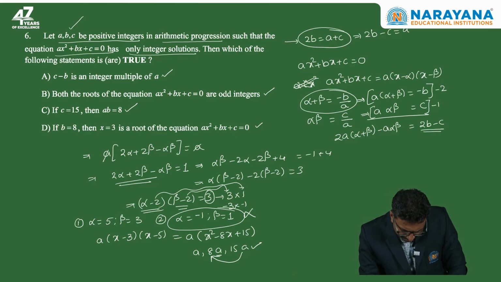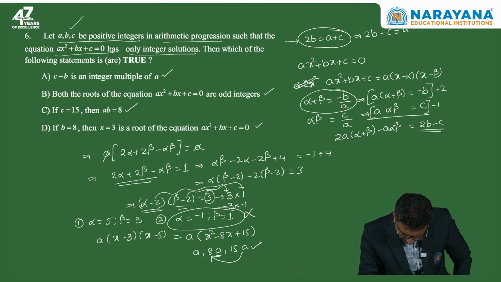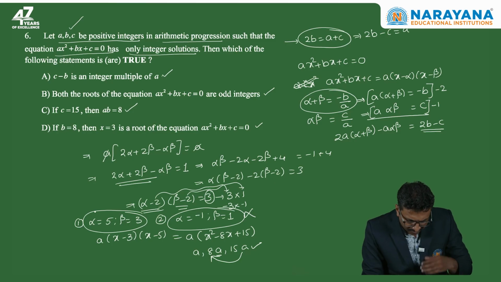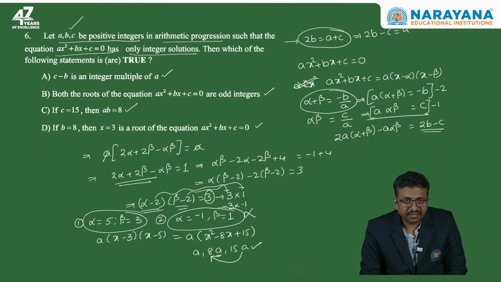So 2 alpha plus this is equal to 1. If b is equal to 8, then x is equal to 3 is the root of the solution. I think I have got it wrong somewhere. You get the roots as alpha equal to minus 5 and beta is equal to minus 3.